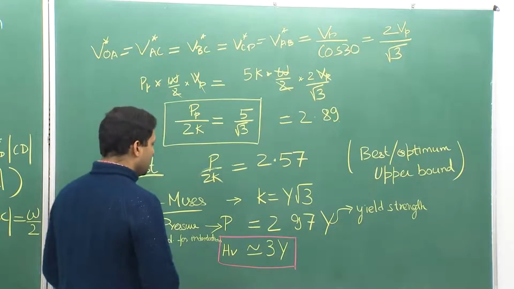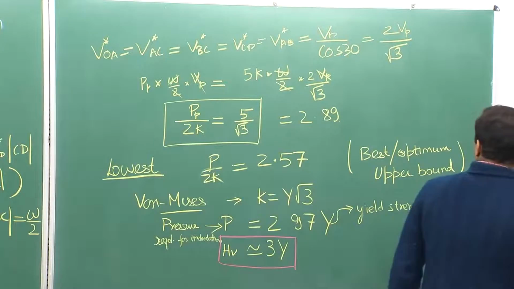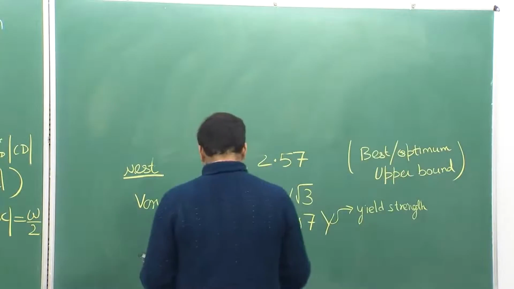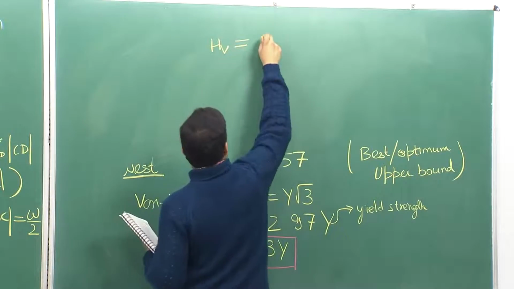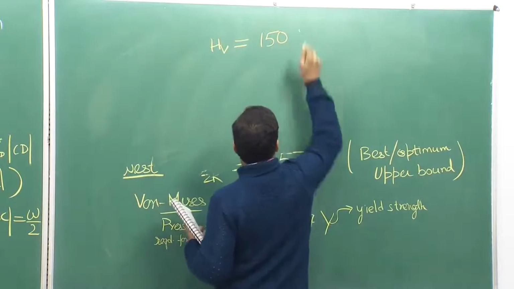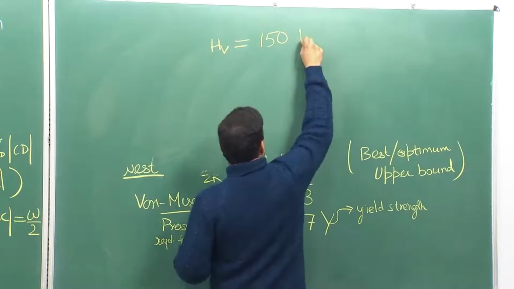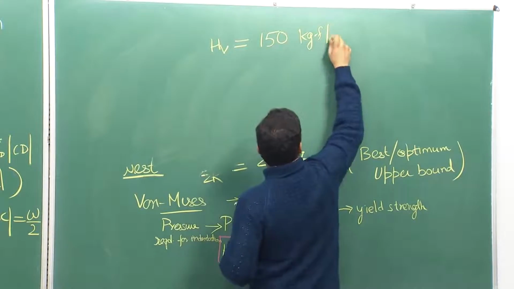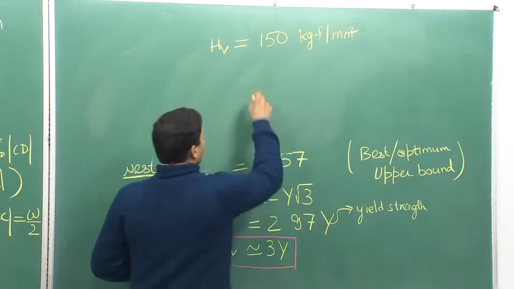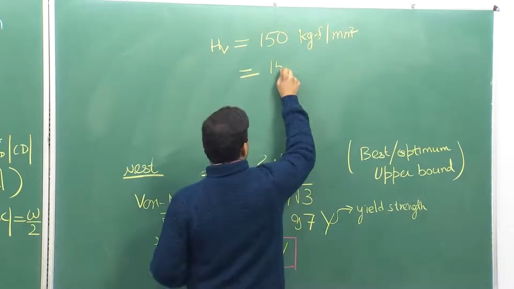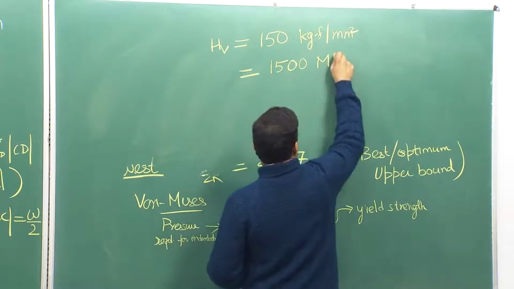Now that we have this equation, why not quickly do a simple example. Let us say it is given that the hardness value is equal to 150. Usually hardness will be given as a number, but there is a unit attached with it, which usually is kg force per millimeter square. Now, if you convert it to megapascal, you will see that it comes out to 1500 megapascal.